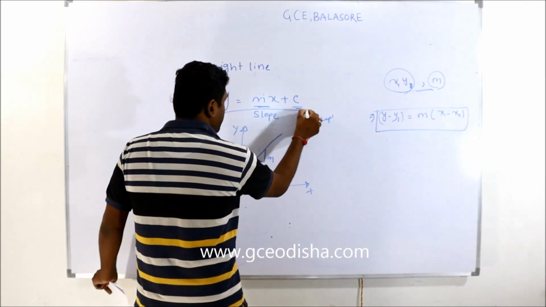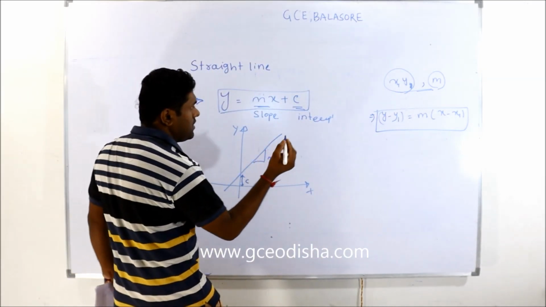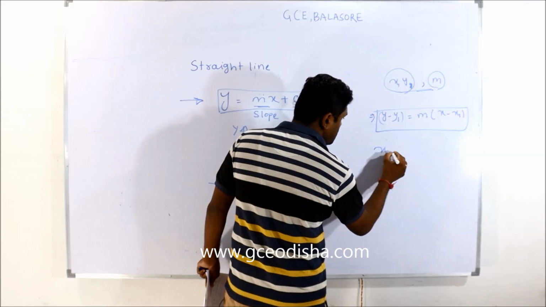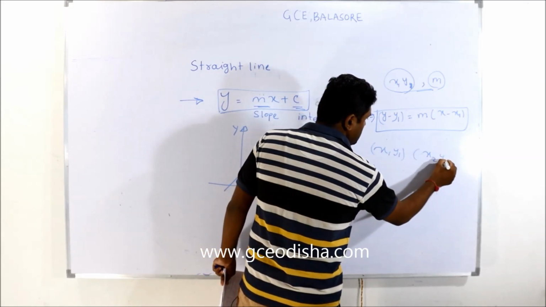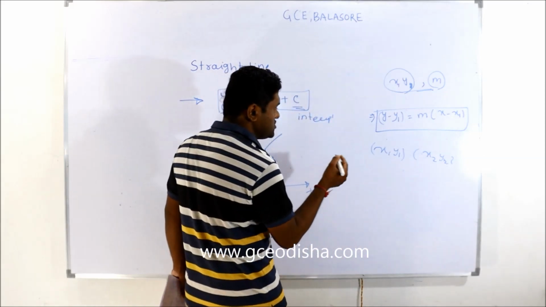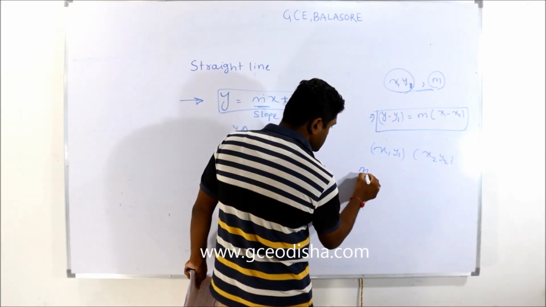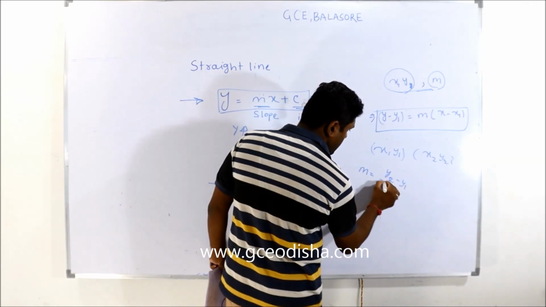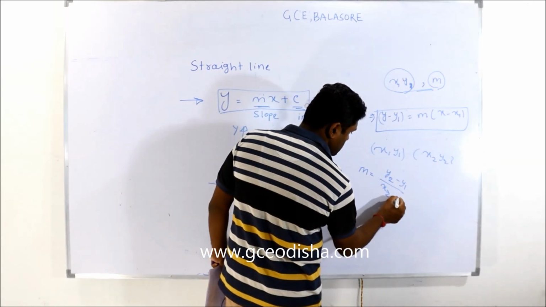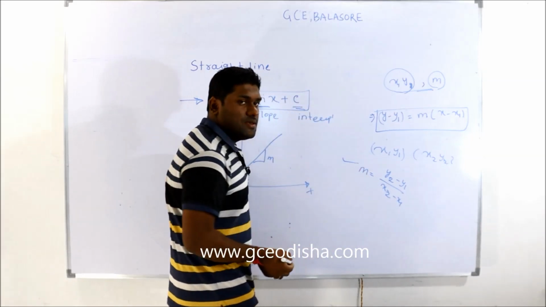and this is another form. Another form is there when 2 points are given, x1, y1 is one point and x2, y2 another point. Then how can you find the equation of the straight line? As you know, slope m is equal to y2 minus y1 divided by x2 minus x1. I told this in the previous class.